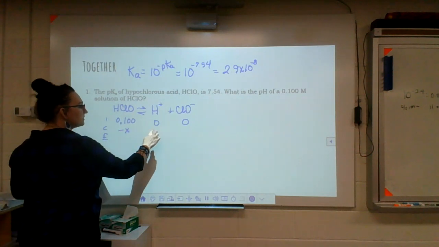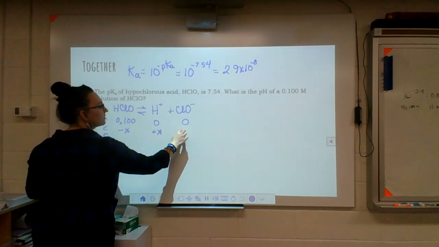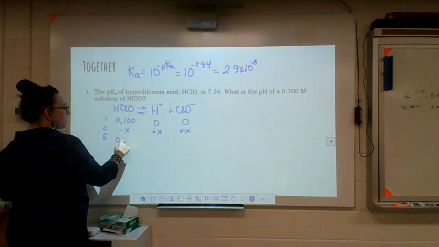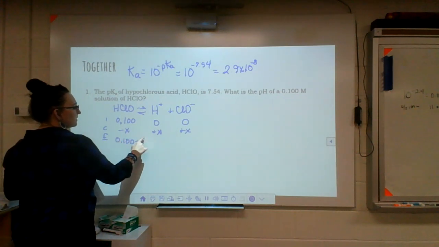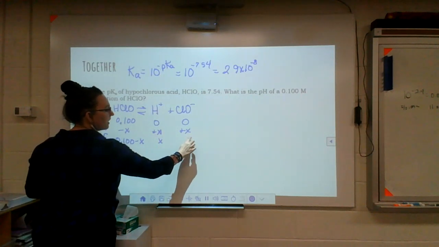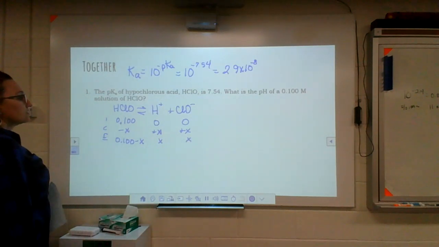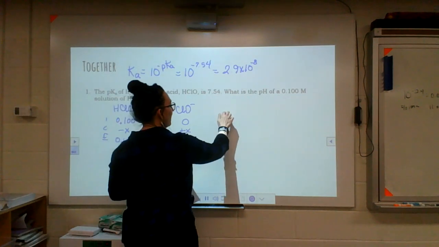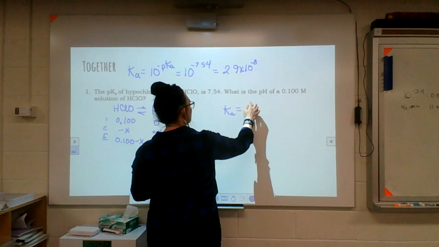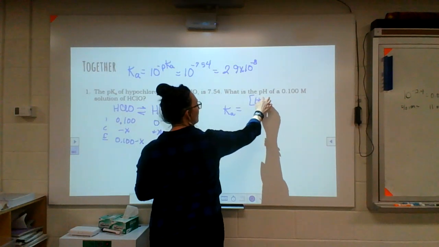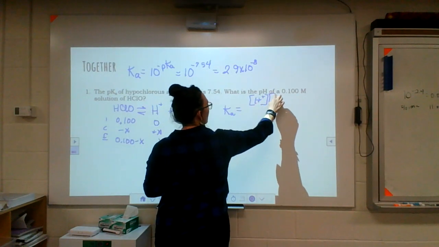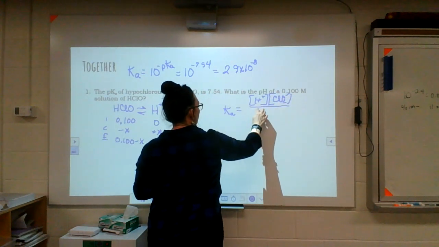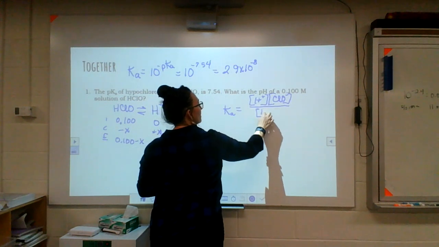So now I need my expression for Ka. So Ka is equal to the concentration of the hydrogen ion times the concentration of the hypochlorite divided by the concentration of the hypochlorous acid. So Ka is equal to x times x, so x squared, divided by 0.1 minus x.